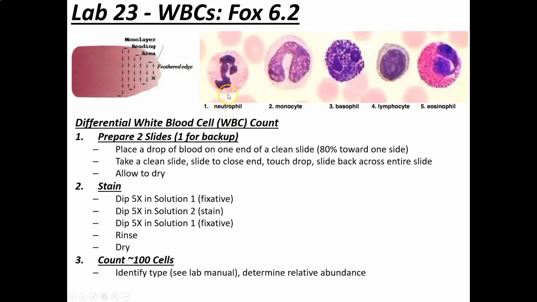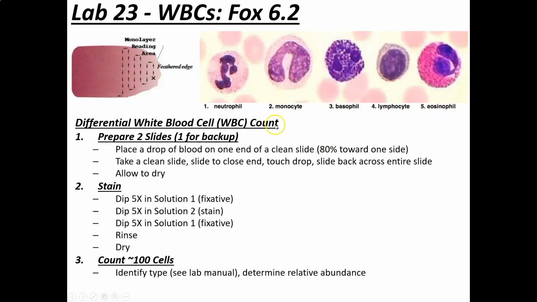So N, never, neutrophils, 60 to 70%. L, let, lymphocytes, 20 to 25%. Monkeys, M, third most numerous, that's the monocyte at 3 to 8%. Eosinophils, that's eat, right? That's 2 to 4%. And then the least numerous, the basophils, that's 0 to 1%.